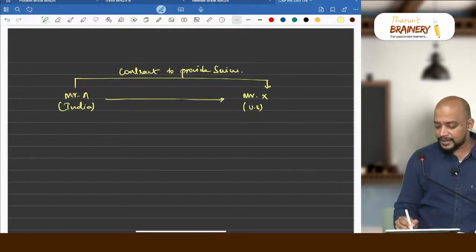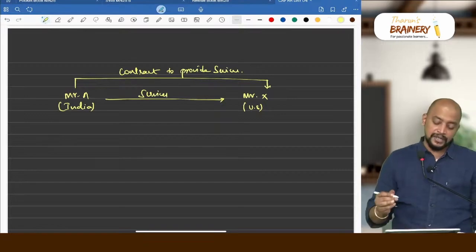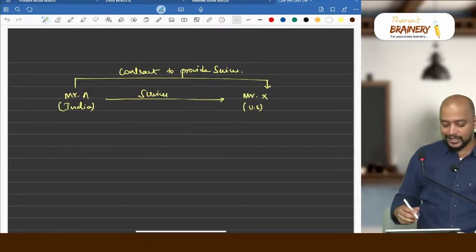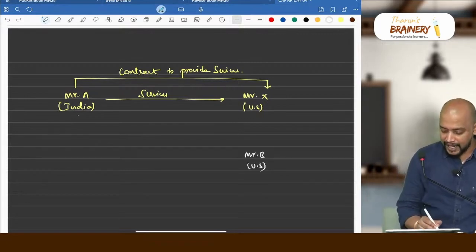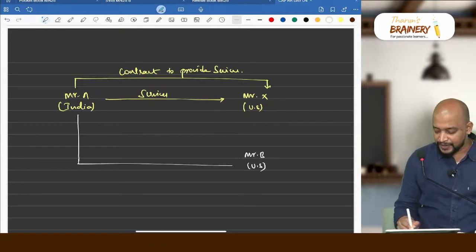A provided some services, but A could not provide all the services. So now A entered into a contract with another person, Mr. B, who is located in the US.